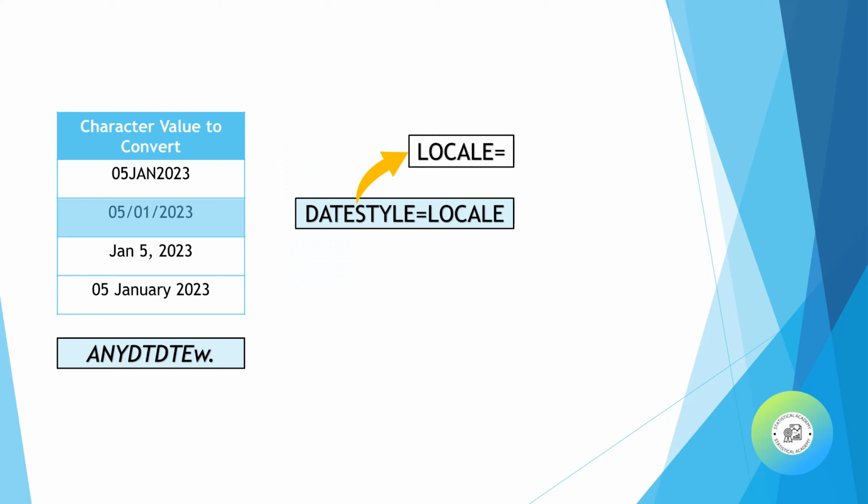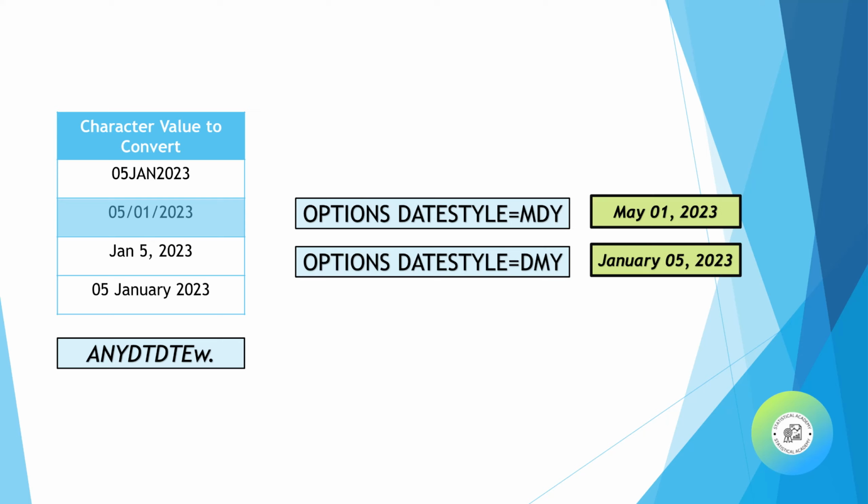So the sequence is based on the locale system option. If locale is set to English, then DateStyle sequence is MDY and 5/1 is read as May 1st. If you need to specify how the date is interpreted, you can set the DateStyle option in an option statement. If DateStyle is DMY, 5/1 is read as January 5th.